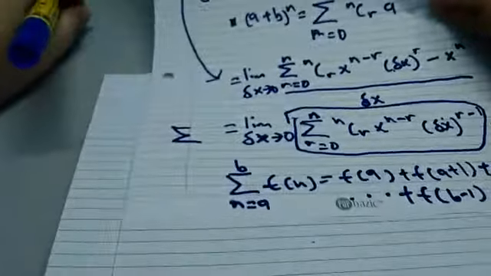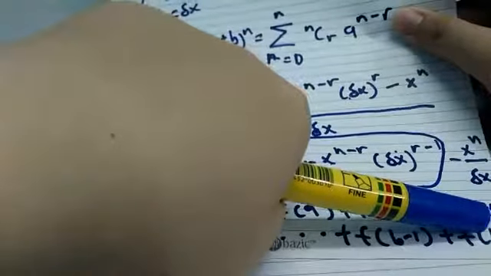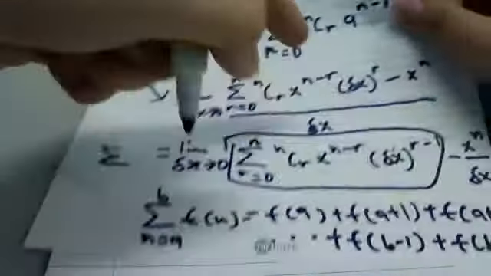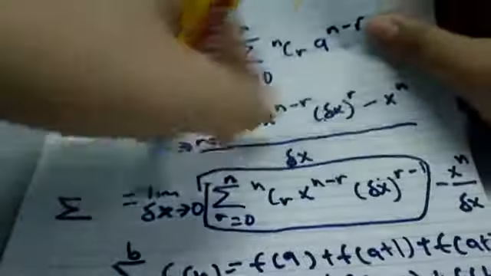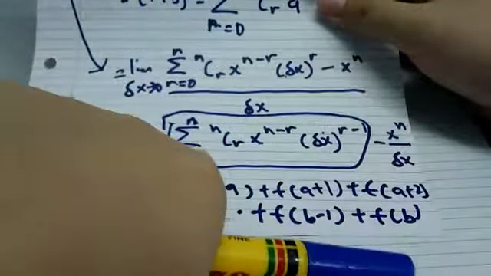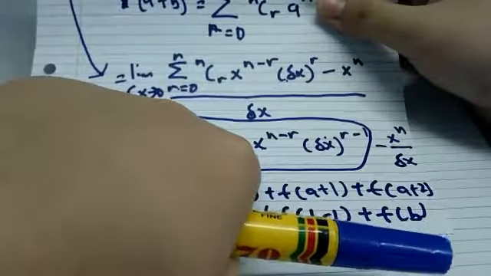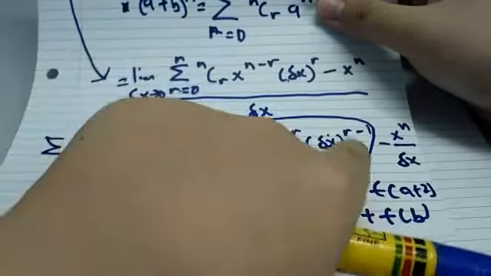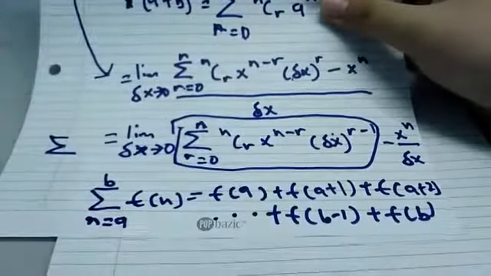NCR, you should know that C means combination, and as r is equal to 0, NC0 is equal to 1. So 1 multiplied by x to the power of n minus 0, so x to the power of n, then 0 minus 1 is delta x to the power of negative 1.